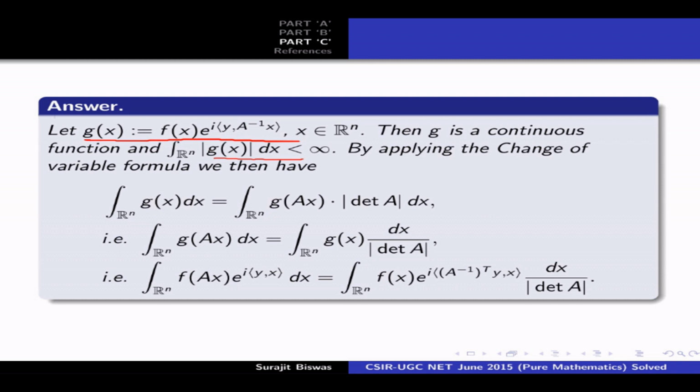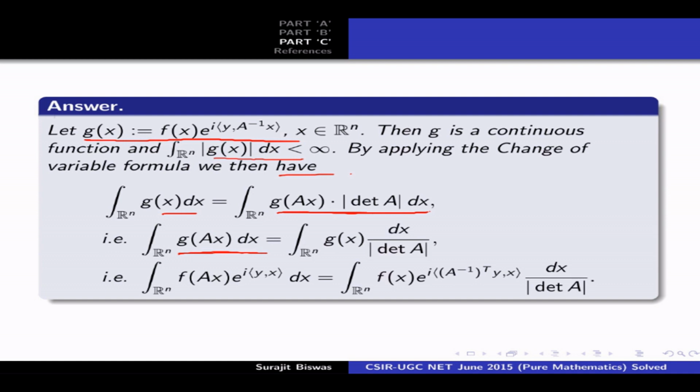Now by applying the change of variable formula, if we replace x by Ax, we have this integration equal to this. Therefore, dividing both sides by the modulus of the determinant of A, we have the integral of g(Ax) dx equal to the integral of g(x) dx divided by |det A|.